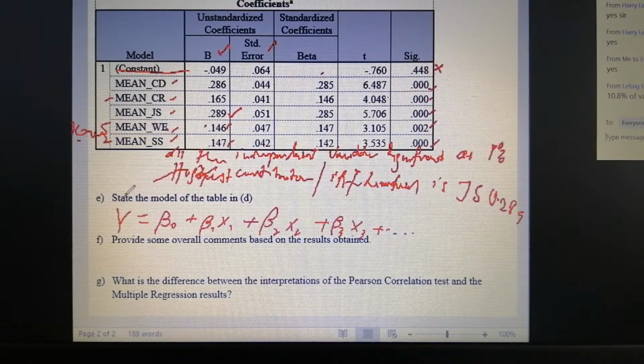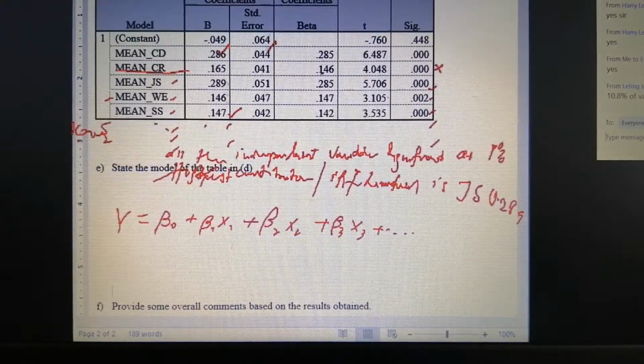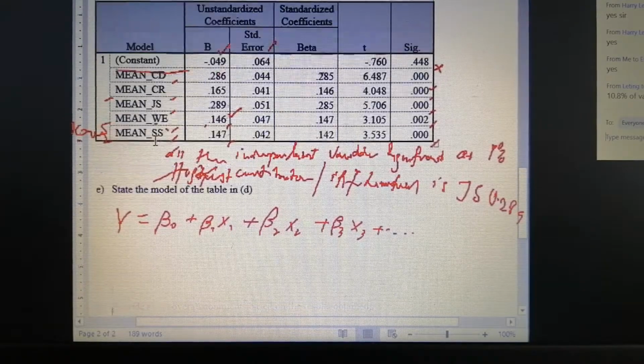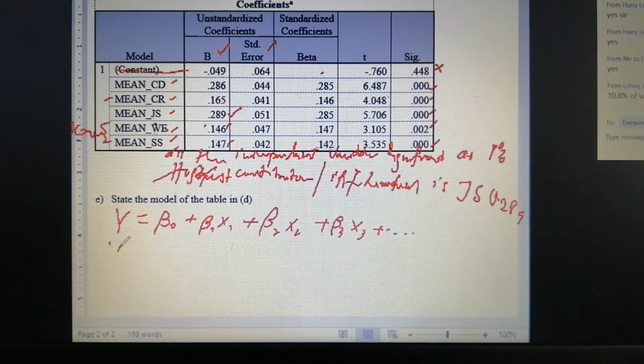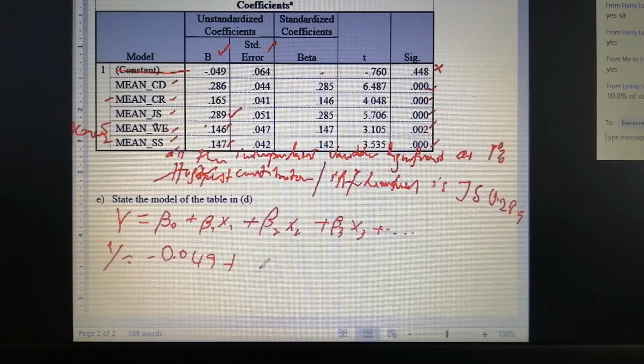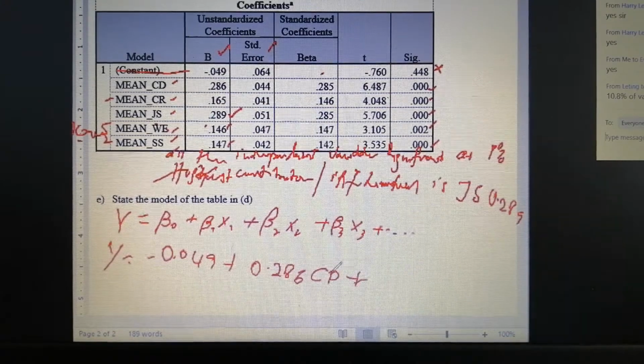So you can write the model as Y equals minus 0.049 plus 0.286 CD plus, now the CD is X1, guys.